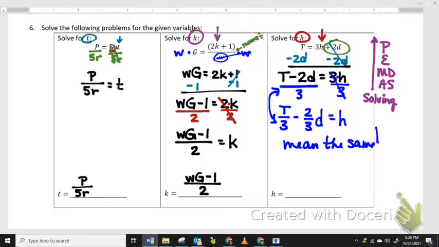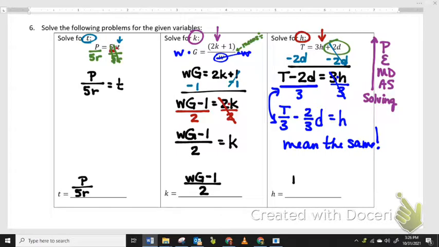All right, I've got my h all alone. I can write this either as one big fraction or as two fractions separated by subtraction. Since I wrote the other problem with just one big gigantic fraction, I think I'm going to write this down the other way this time, just to mix it up a little bit.